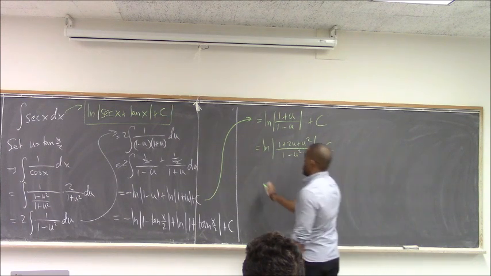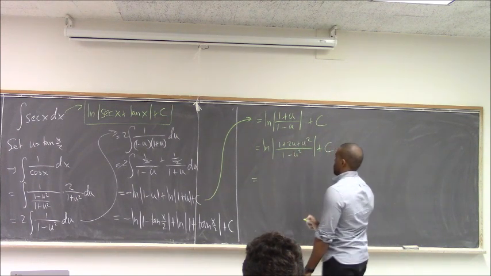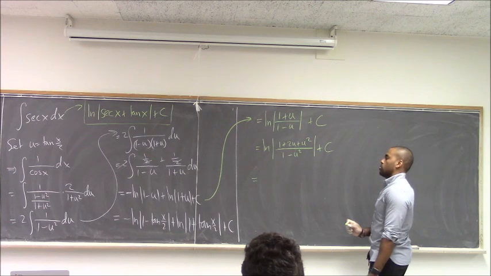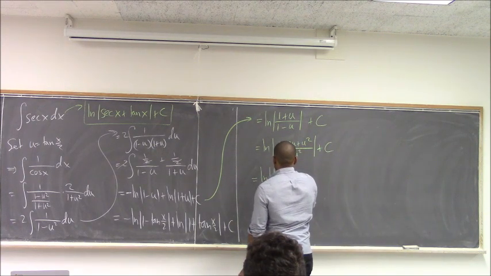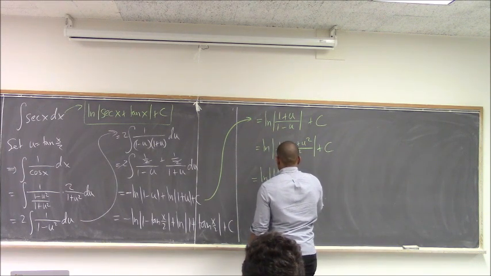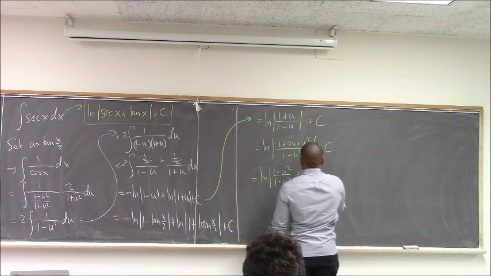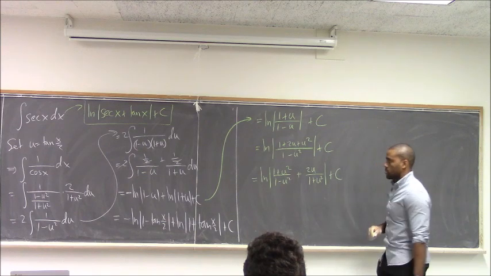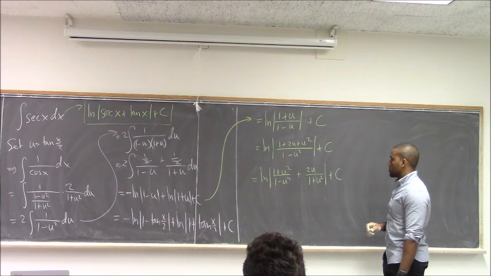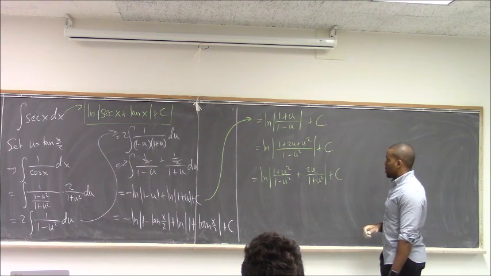Okay, and then, so, for example, I had two separate fractions. I have 1 plus u squared over 1 minus u squared plus 2u over 1 minus u squared. I broke up the fraction basically. And then those should translate to that, because secant's 1 over cosine.